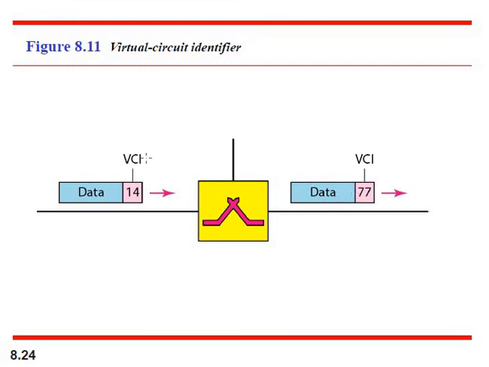Means this VCI will be changing from one switch to another switch, so for the same data packet, the VCI number changes. It is just like when one particular car passes through a toll, the car remains the same, but its payment and its identification or transaction ID will be different. That way here also the data remains the same, but the VCIs will be changing from one switch to another switch.